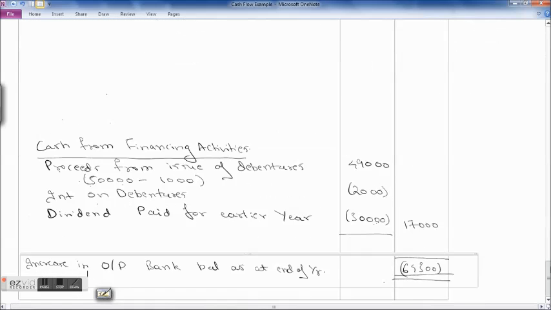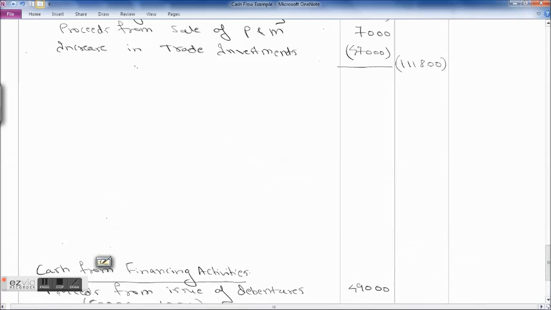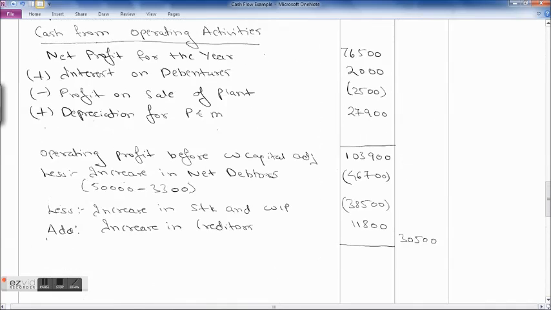You can take this as the increase in the OD bank balance as at the end of the year. So there was a 64,300 shortfall, which is borrowed from the bank using your OD facility. So this was about the cash flow statement using the indirect method.